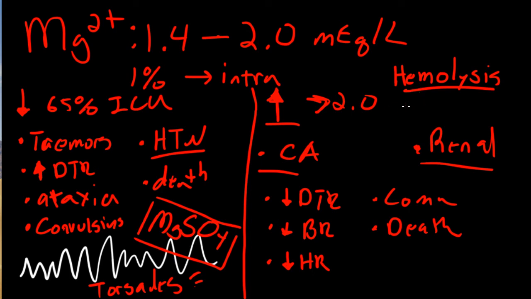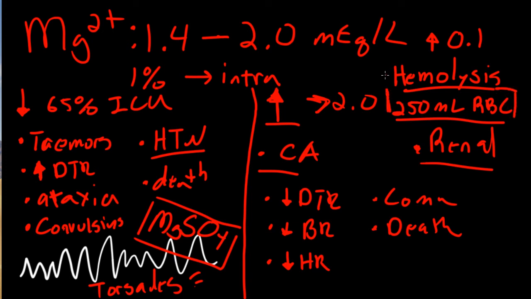But just for some perspective, 250 mLs of red blood cells has to lyse to give an increase of 0.1 in your MAG concentration. Okay, so you would go from 2.0 to 2.1 if you lysed about a unit of blood. So that's kind of rare and an extreme example.